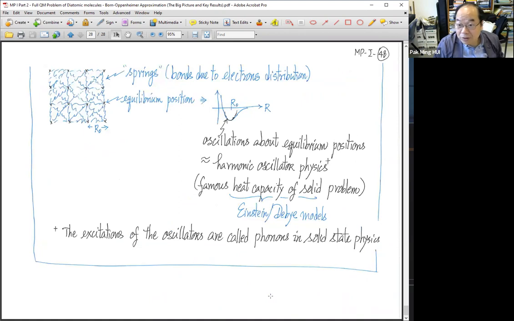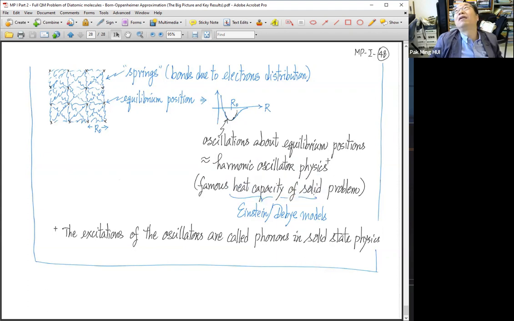And then afterwards, in chapter 3 or chapter 4 of a solid state physics book, you start to learn about lattice vibrations. The atoms vibrate, the ions vibrate. Again, it is the electrons that give rise to this curve, and the ions are vibrating about this minimum, and then you have many-oscillator physics in the vibrational problem that contributes to the famous heat capacity problem of solids.